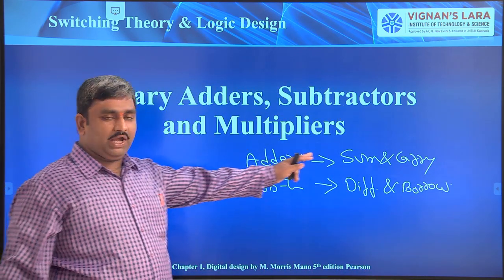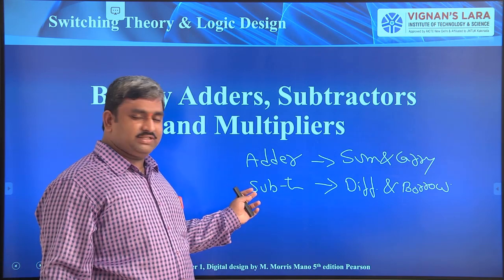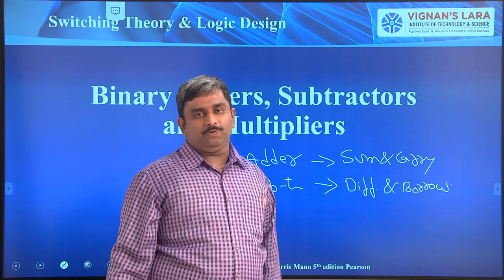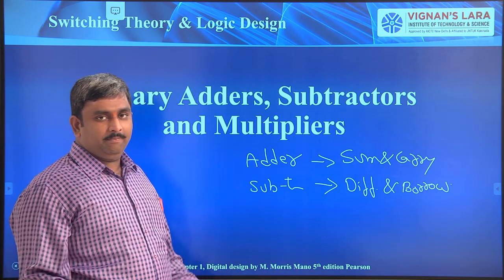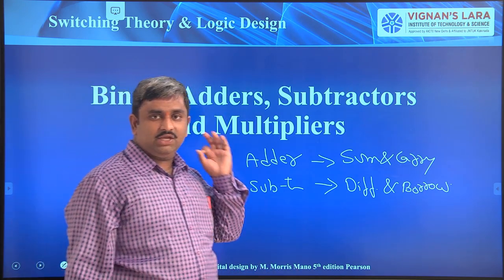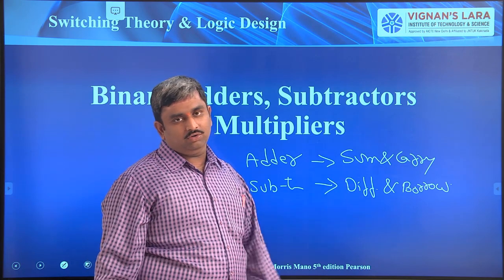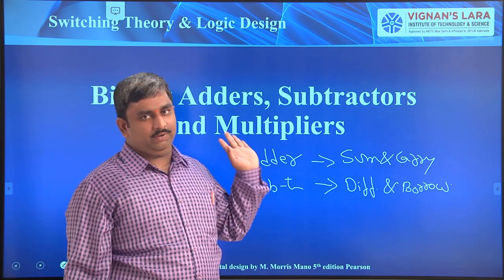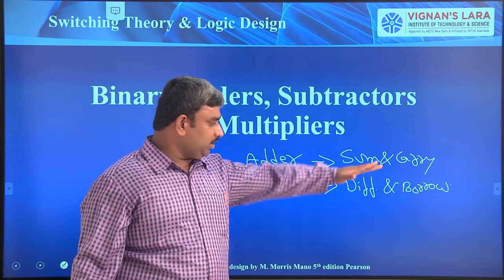Right? For the adder we have sum and carry outputs. For the subtractor we have difference and borrow. Okay, these are the outputs for the subtraction purpose. Right? For the subtractors we have 2 outputs, difference and borrow. Is it clear? For the half adder how many inputs? For the full adder how many inputs? And coming to the adders, what are the outputs?